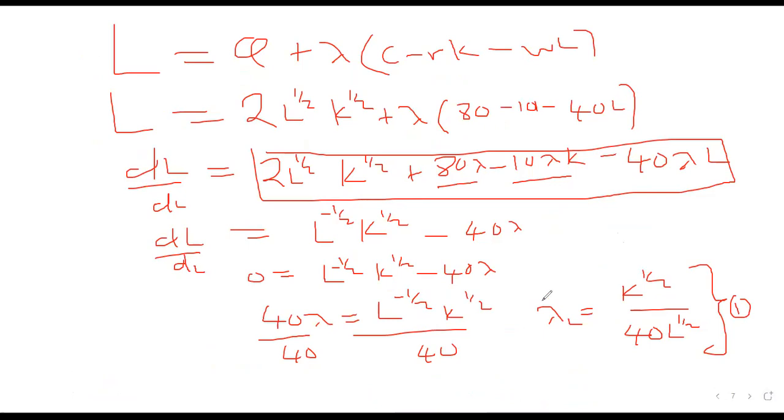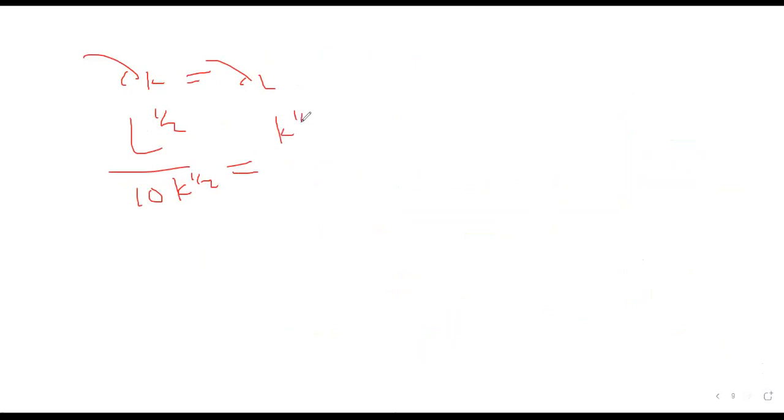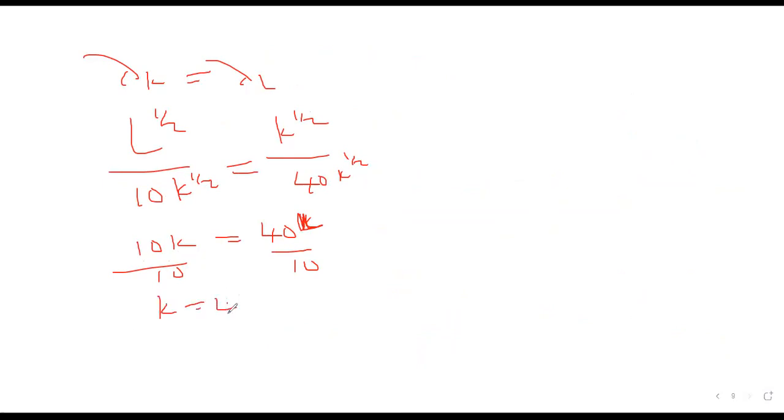We found it as K half over 40L half. So we cross multiply: 10K half times K half, this is 10K. L half times 40K half, this is simply 40L. Divide both sides by 10, meaning our K is equal to 4L.